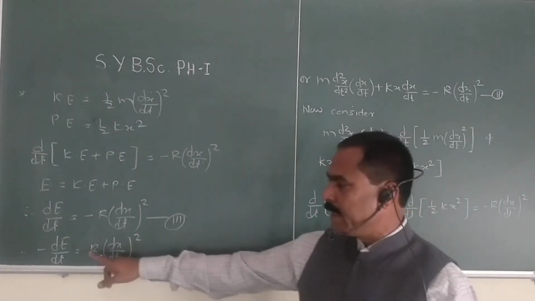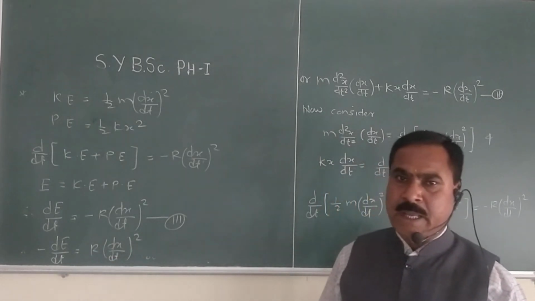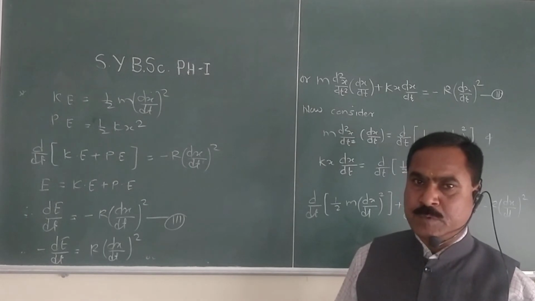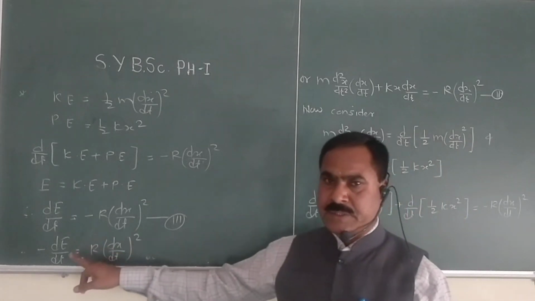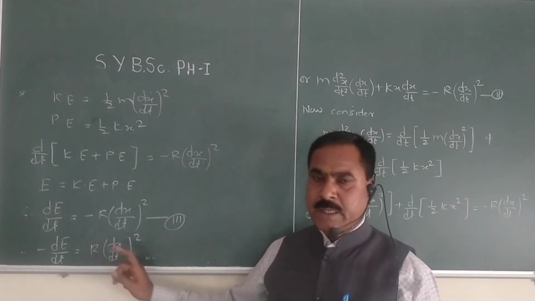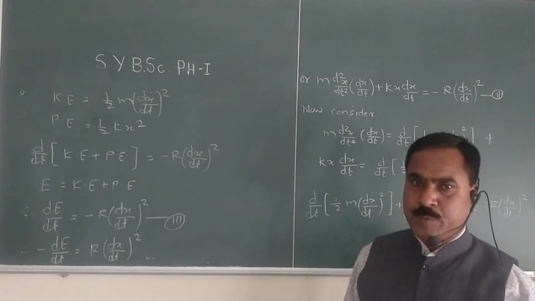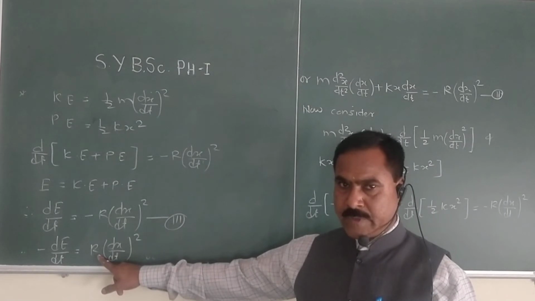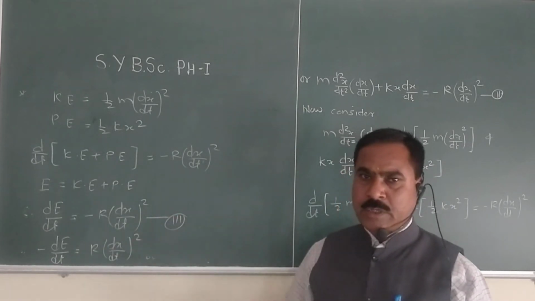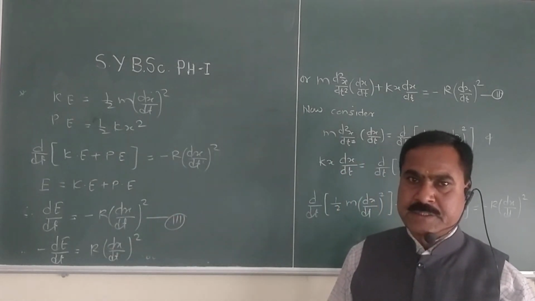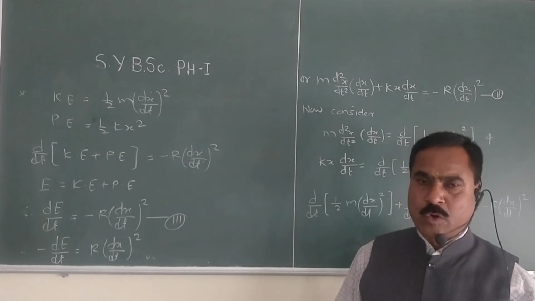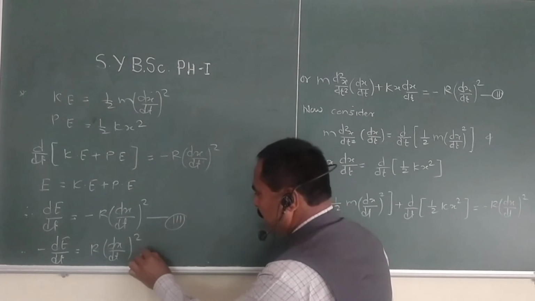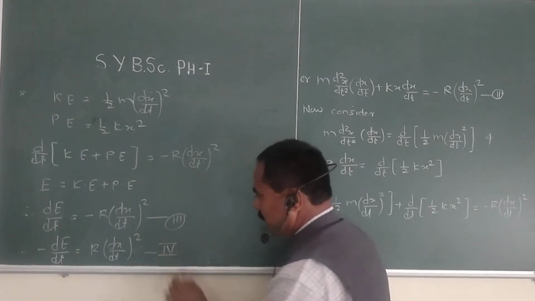So minus dE/dt means the time rate of change, the rate of dissipation of total energy, and this energy is dissipated in overcoming the damping force or resistive force, that is R. That means the total energy of the oscillator is dissipated in order to overcome the damping force. So we write this as equation number 4.